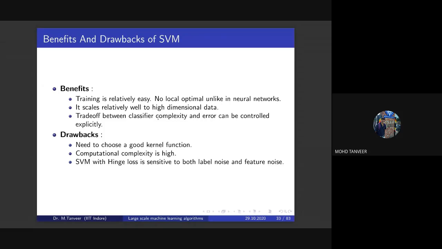I already mentioned a few kernel functions in the literature, and people are using multiple kernels or ensemble kernels. The computational complexity of SVM is a bit high, and SVM with hinge loss is sensitive to both label and feature noise. So my next slides will be based on resolving these issues of computational complexity and the hinge loss sensitivity towards noise.